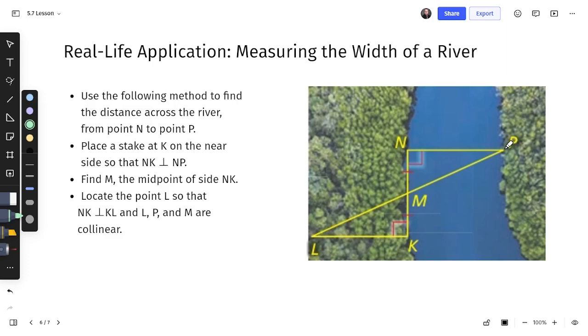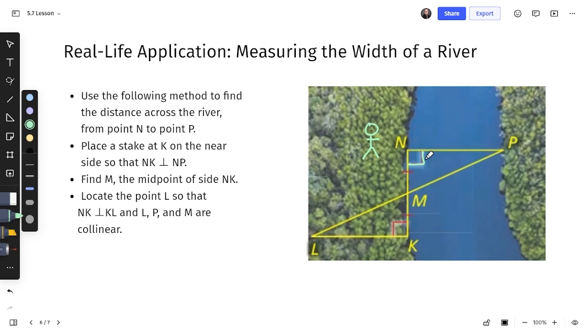But what we can do is walk down the river and place a stake at point K on the side that we're on. Let's say we are on this side of the river. We place a stake at point K on the near side so that the segment NK is perpendicular to segment NP, so that this is a right angle.